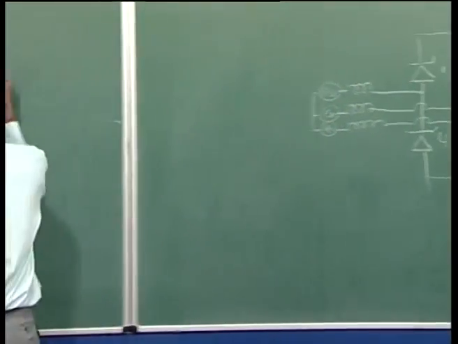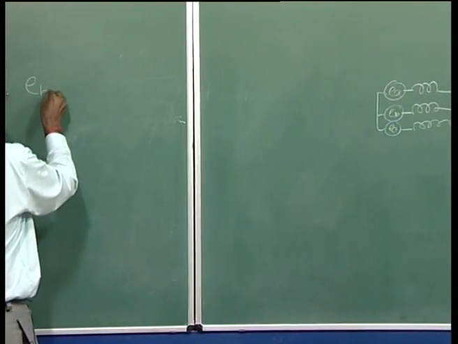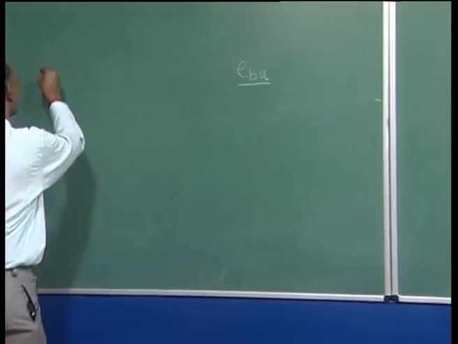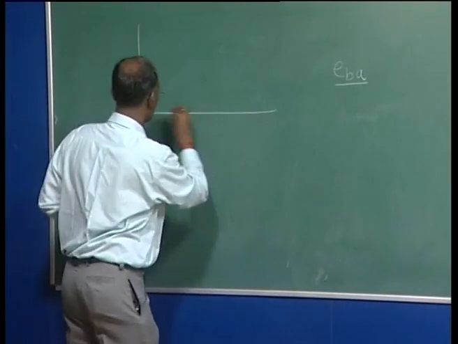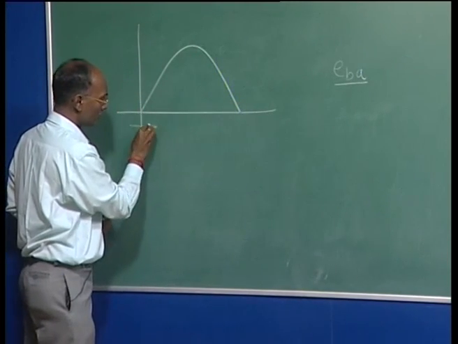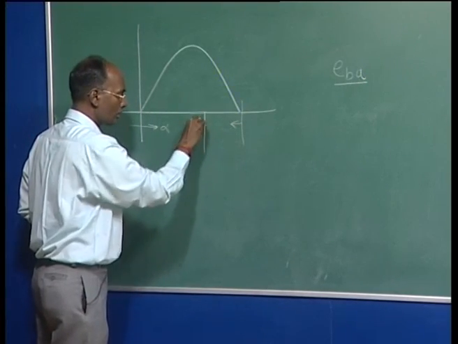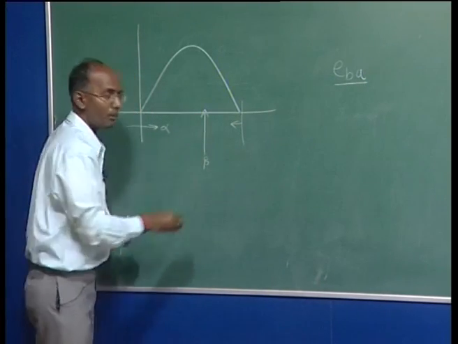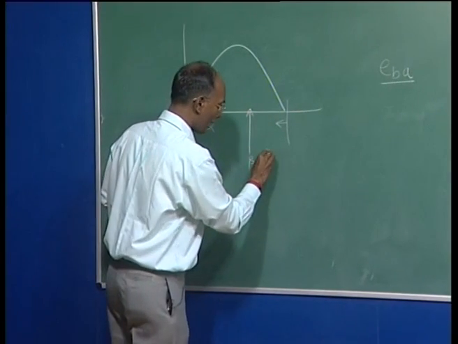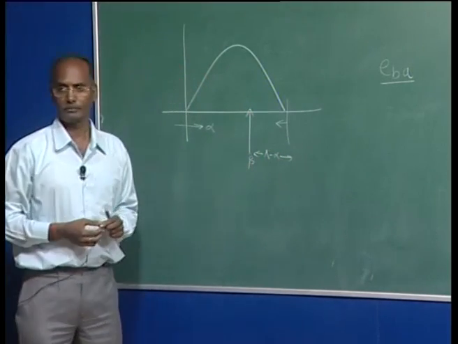The commutation voltage of valve 3 is EBA. In this EBA, you know this alpha starts from here, but beta starts from here. If this is the instant where you give the pulse to valve 3, then this angle is pi minus alpha, which is equivalent to beta.